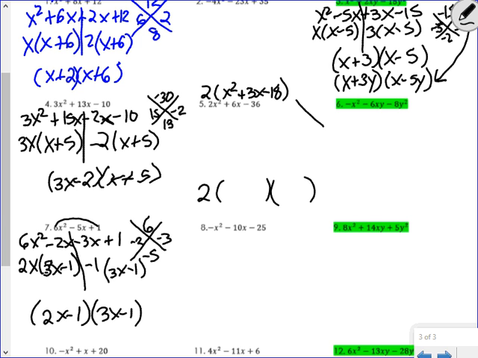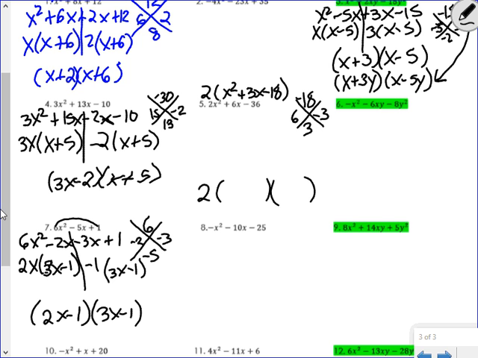Okay? So now multiply the first and last numbers. First number is 1, last number is negative 18, multiply them together, negative 18. What's the middle number? Okay, so what multiplies to get negative 18 but adds to get positive 3? 6, positive 6, and negative 3.